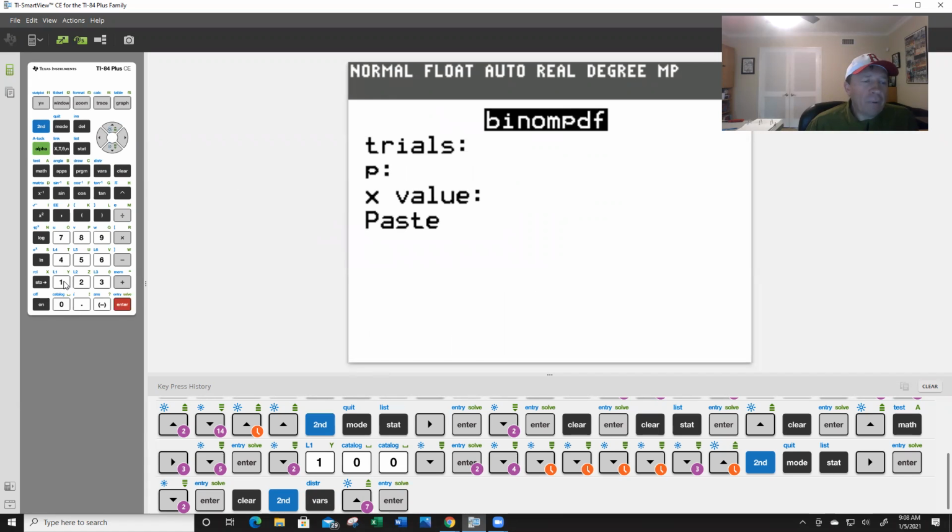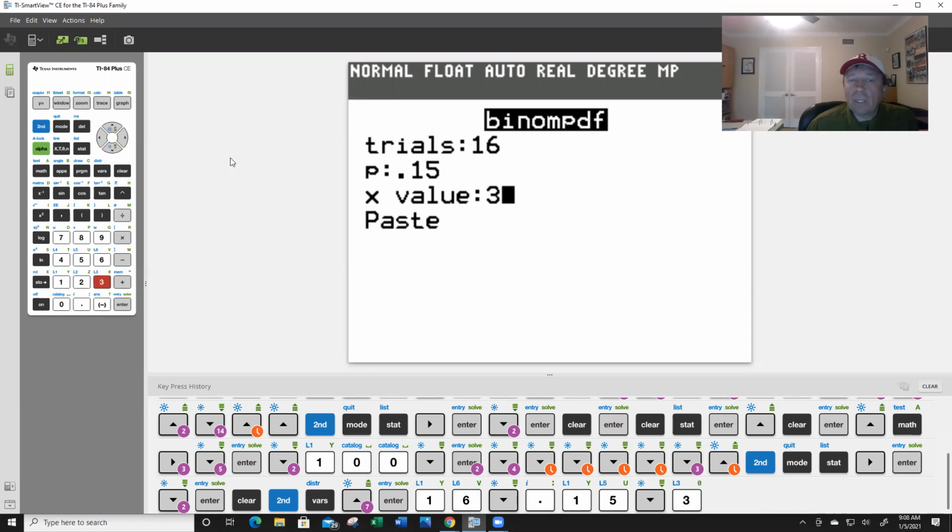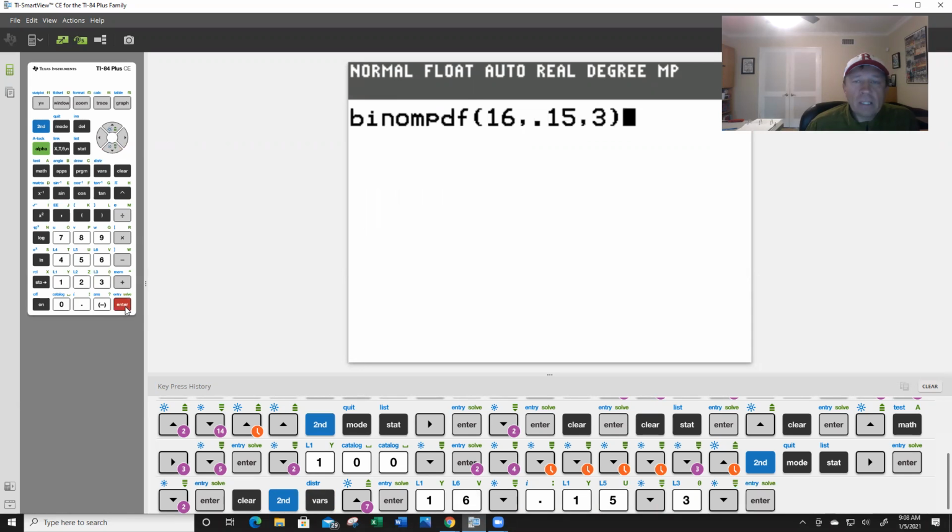Every calculator is different. Mine says how many trials, 16, probability of success, 0.15. And you're looking for exactly 3 lefties. Now, in some calculators, you'll have to do this. You'll have to type, let me write this out, okay? You'll have to type in trials here, probability here, and then number of successes there, okay?